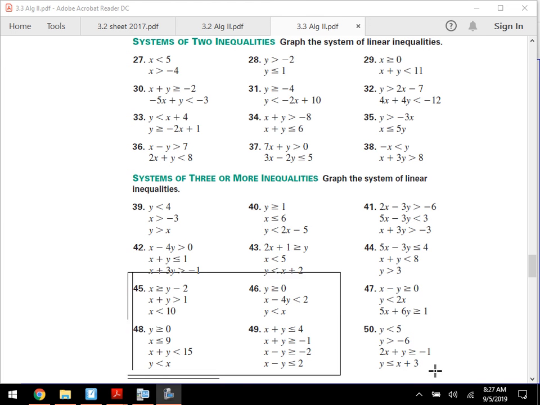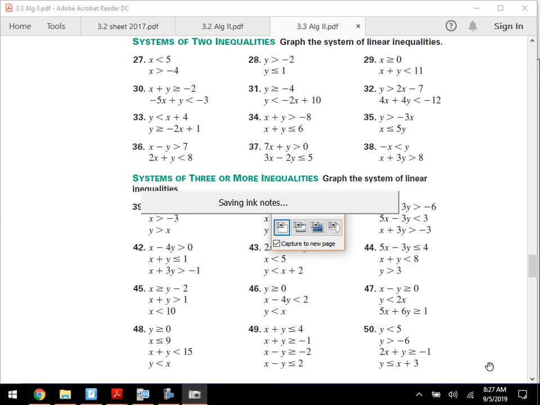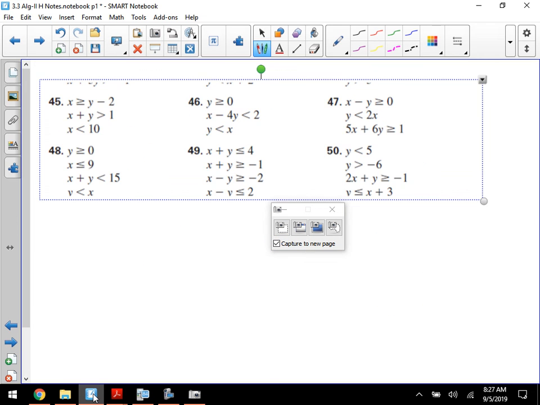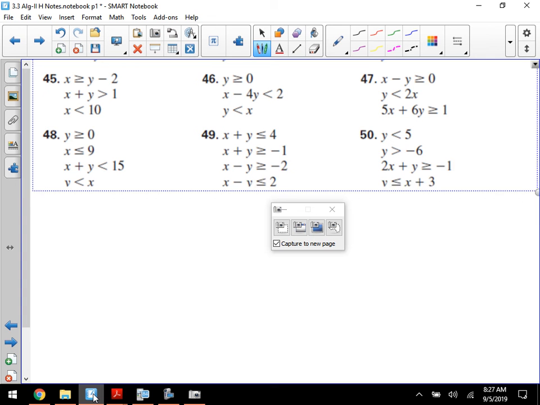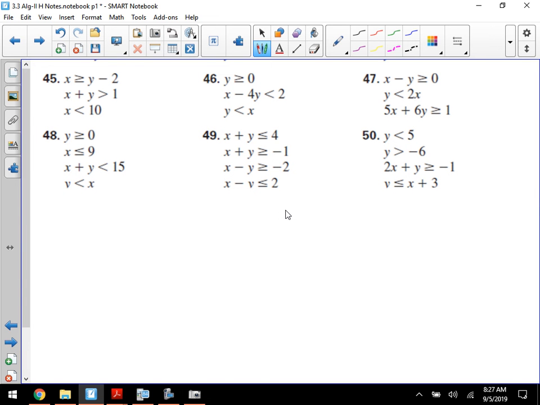Do those 6. I don't remember the page number, but it's in section 3.3, page 160.